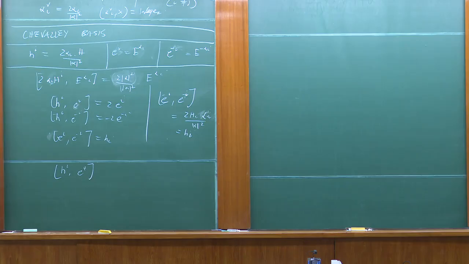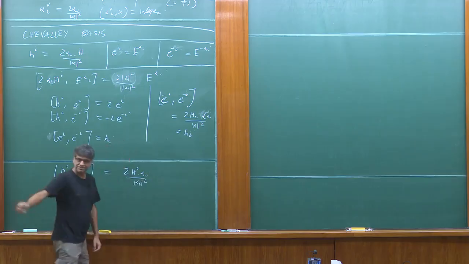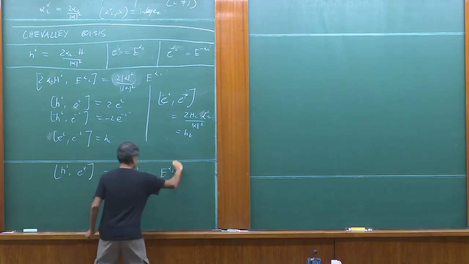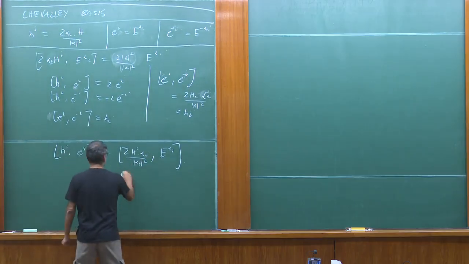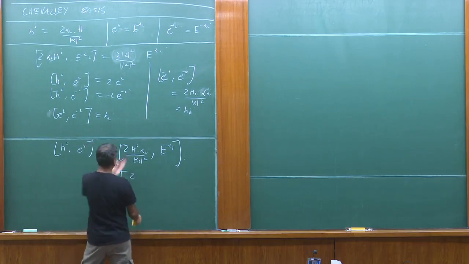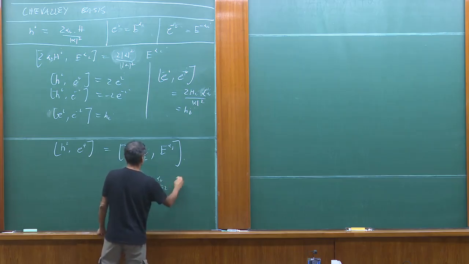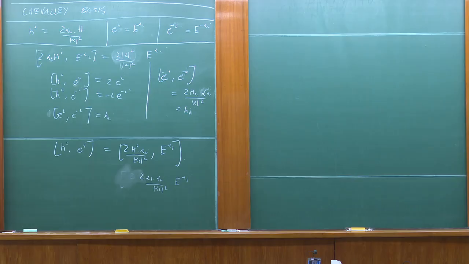Well, this was simply equal to 2 Hi, that is 2 alpha i dot H by mod alpha i squared, commutator with E alpha j. That gives us the charge of E alpha j, so it's 2 alpha j dot alpha i divided by mod alpha i squared times E alpha j. But this guy defines the Cartan matrix Nji.